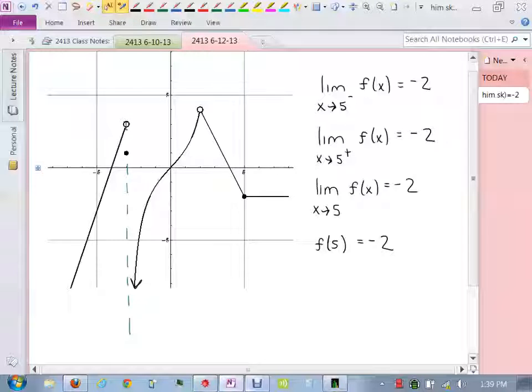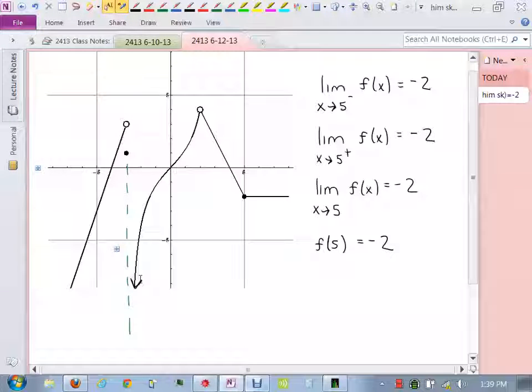Think about it as trying to draw it without picking up your pencil. If I just fill this dot in right here, I could draw without picking up my pencil. That's removable, meaning I can simply fill it in and I'm okay. Over here, there's no way to draw this without picking up my pencil. Eventually, I have to pick my pencil up off the page and come down here and draw. So that's a non-removable discontinuity.